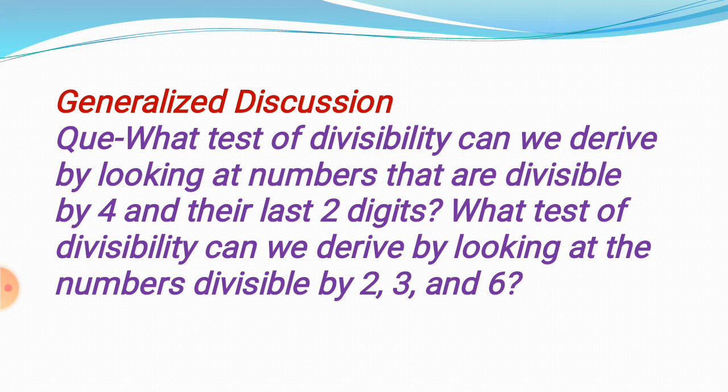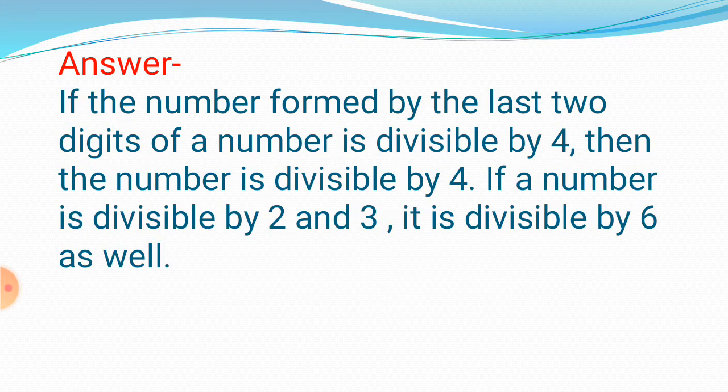The answer is, if the number formed by the last two digits of a number is divisible by 4, then the number is divisible by 4. If a number is divisible by 2 and 3, it is divisible by 6 as well.